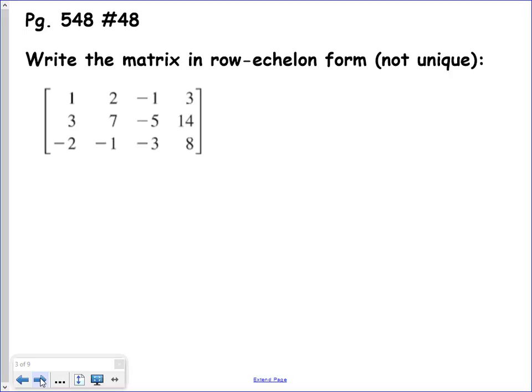I'm going to give you about 5 minutes in your small groups to have some conversations about what you might do to make that look like row echelon form. There's got to be a little bit of give and take in your group, because Manny might have one idea and Jennifer has another idea. You can talk about each idea and which way you want to go with it.